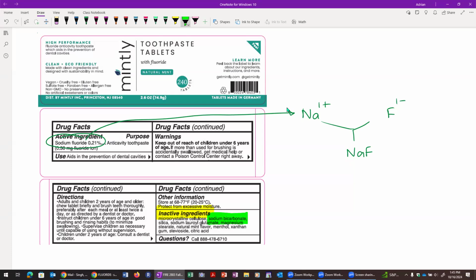There are other inactive ingredients here as well that serve a variety of functions, but the point here is you find these ionic compounds in lots of places. In the most mundane things like your toothpaste, you can easily find them as ingredients.